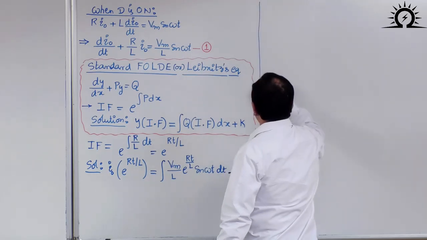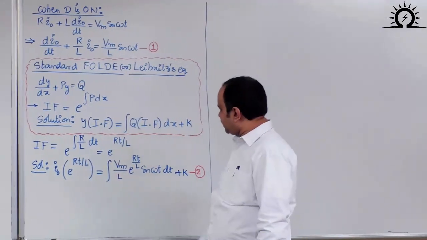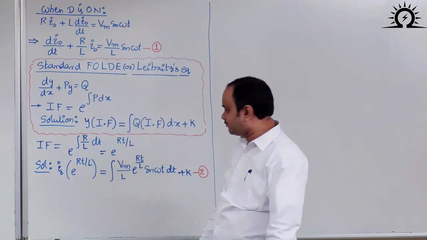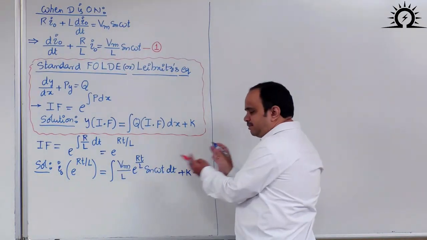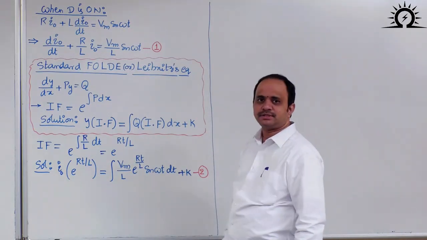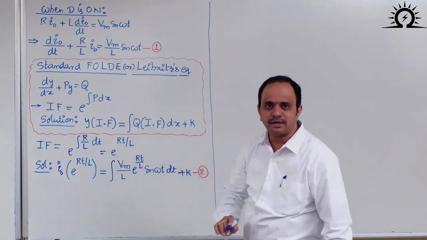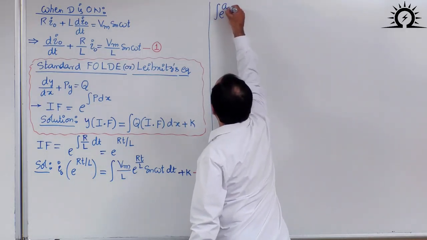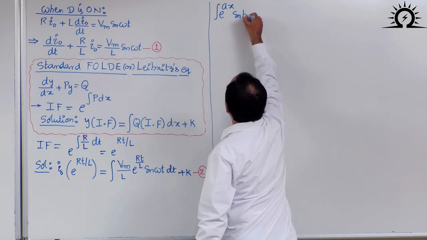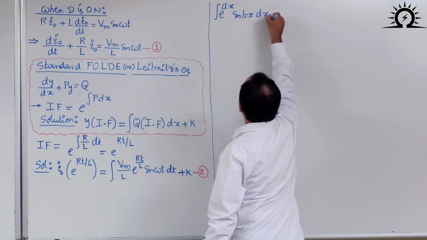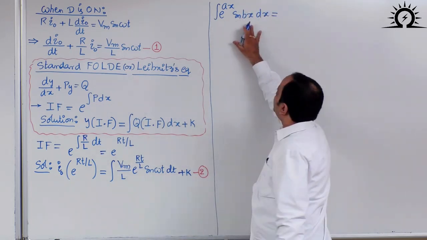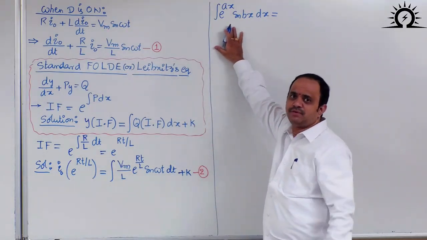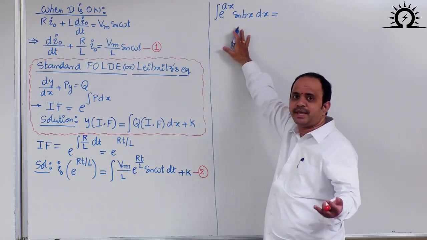Now if you observe carefully, in the right hand side this particular integration is in the form of, and I am deviating a little bit from our power electronics, looking into a mathematical conclusion, integral e power ax sin bx dx. I hope you might have studied this type of integral at your plus 2 level, integration by parts.